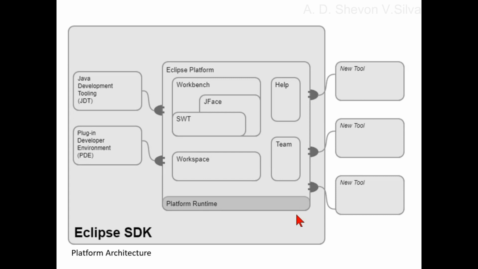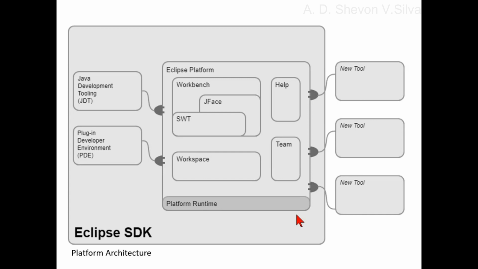The platform maintains a registry of installed plugins and the functionality they provide. The general goal of the runtime is that the end user should not pay a memory or performance penalty for plugins that are installed but not used.